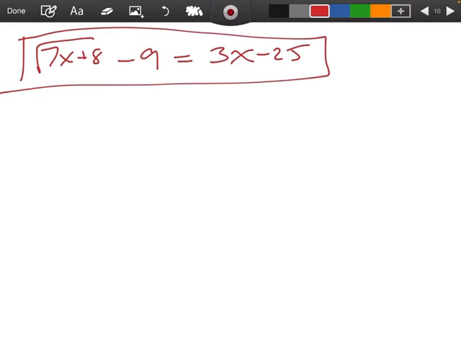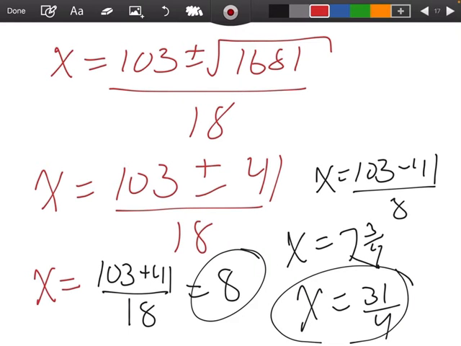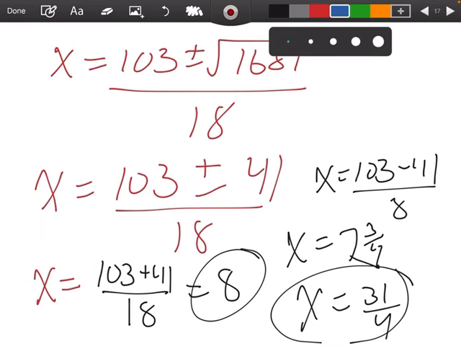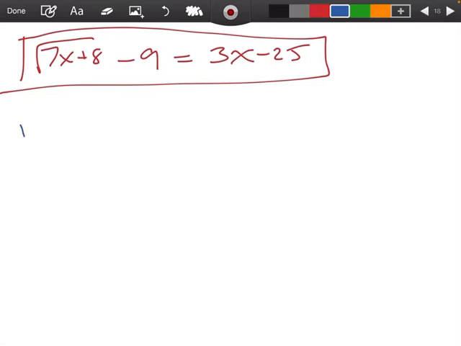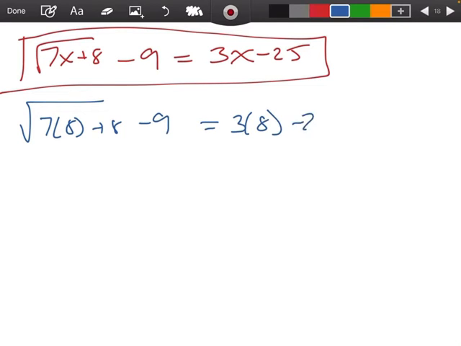So let's check x equals 8 first, because that's hopefully an easy one to check. Okay, so what I'm going to do is everywhere I have an x, I'm going to plug in the number 8. Okay, so let's see. 7 times 8, 56, plus 8 minus 9.